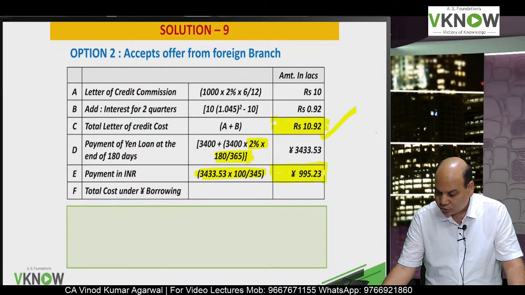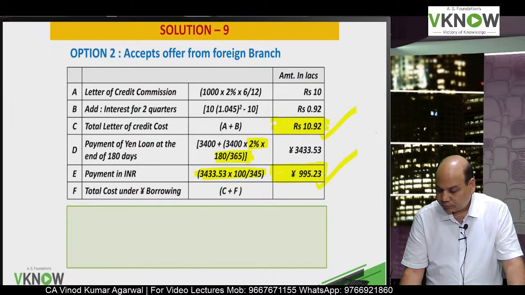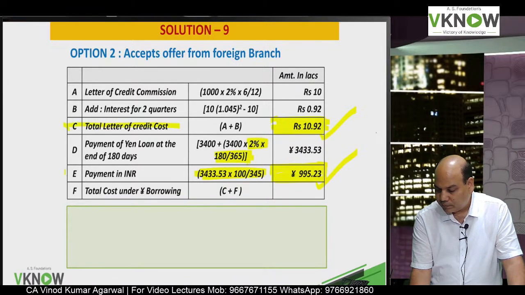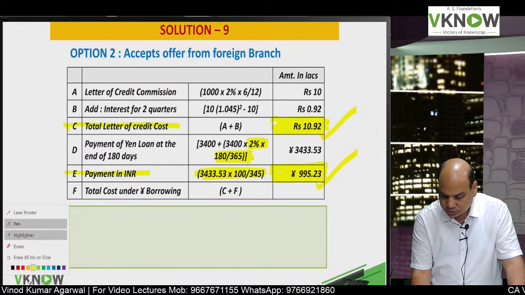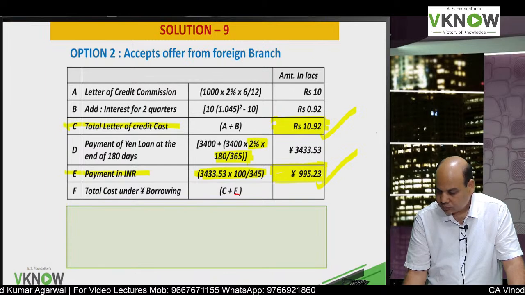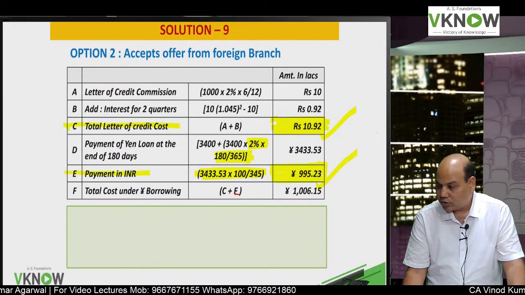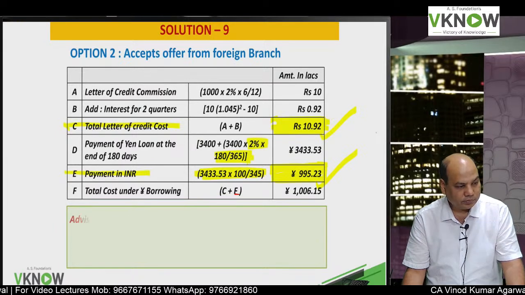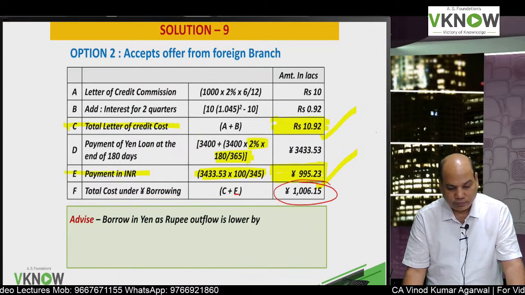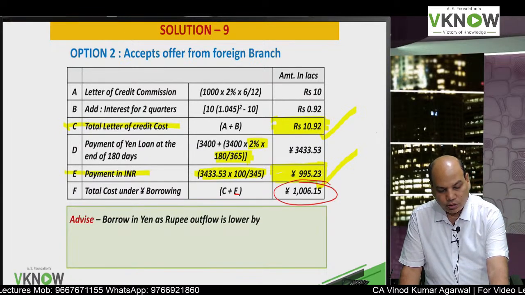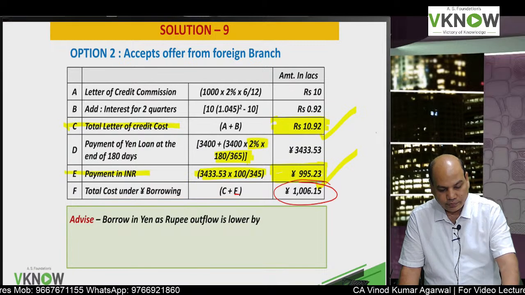Now you add these two numbers, C plus E. So it comes to 1006.15. This is lower than the previous answer.